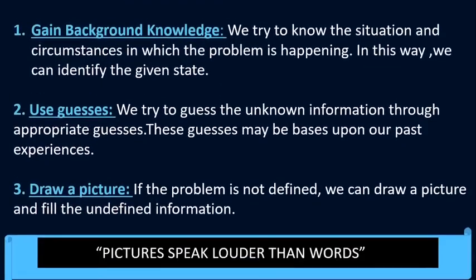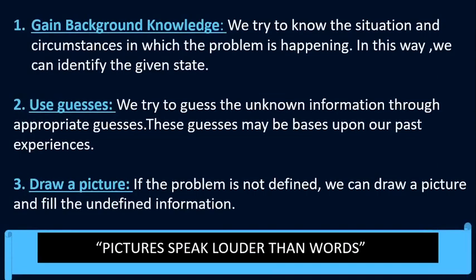First one is gain background knowledge. We try to know the situation and circumstances in which the problem is actually happening. In this way, we can identify the given state. Use guesses, that means we try to guess the unknown information through appropriate guesses.